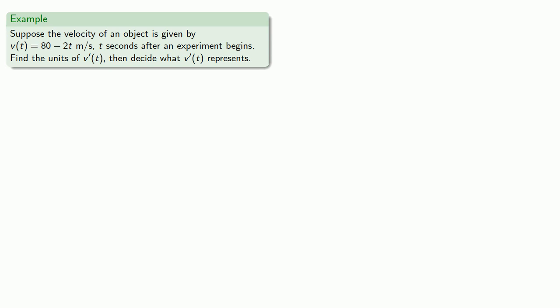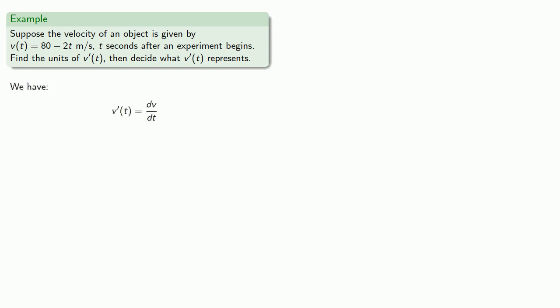So here, v of t is a velocity in meters per second, t seconds after the experiment begins. Let's find the units of v prime of t and decide what v prime of t represents. Again, our differential notation is useful.